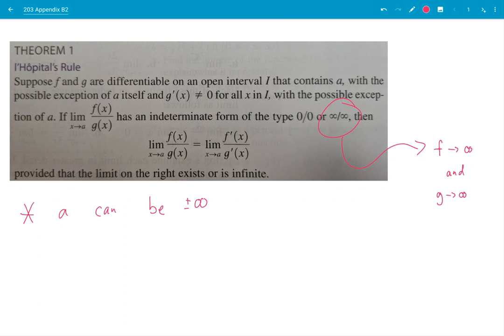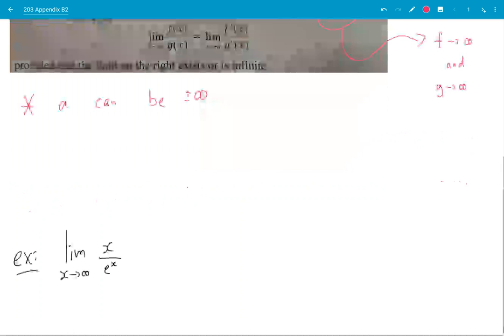It doesn't have to be a real number. Okay, so again, this is the main thing. We're going to use this equation to take our complicated limit and replace it with something hopefully better. Okay, let's look at an example.